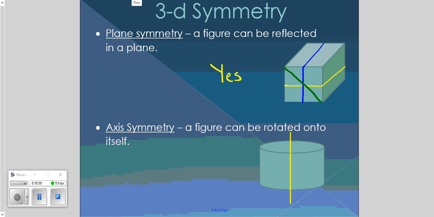So on the assignment, the directions will read, does each figure have plane, axis, or both? So you've got four potential answers there. There might be none at all, so you could say none. It might just be plane, it might just be axis, or for some of them, like either of these actually, it would be both.